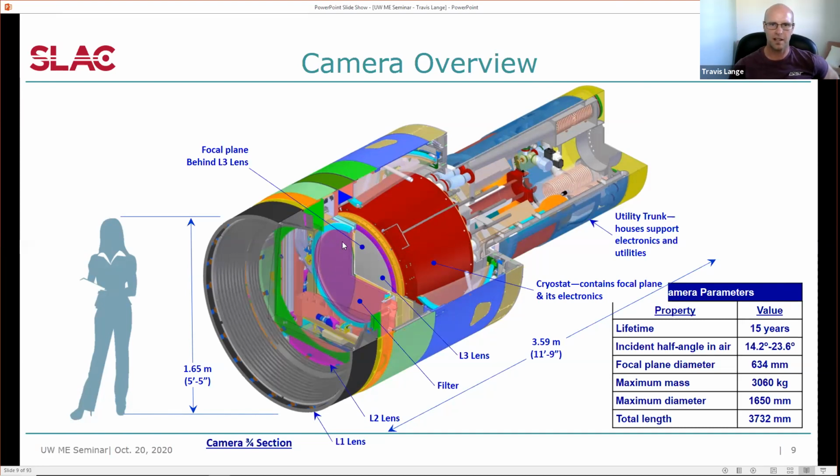In front of that is a filter. So we actually have 5 onboard colored filters, so we can change the different wavelengths of light that actually get to the sensors. We actually have 6 total of those filters, but only 5 on board at any given time. In the front is an inseparable pair of large corrector optics. And in the back, we have this utility trunk, which houses all of the power supplies and computers and readout electronics for the entire camera.